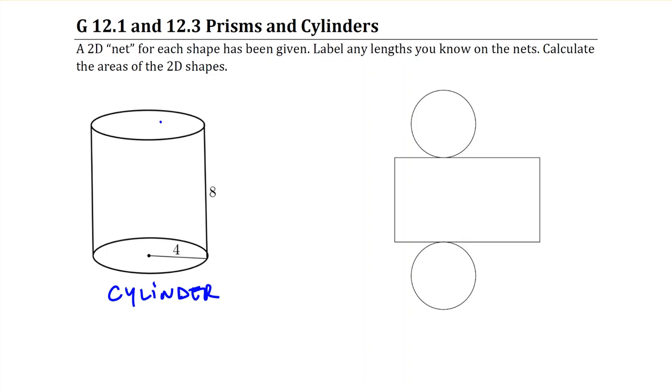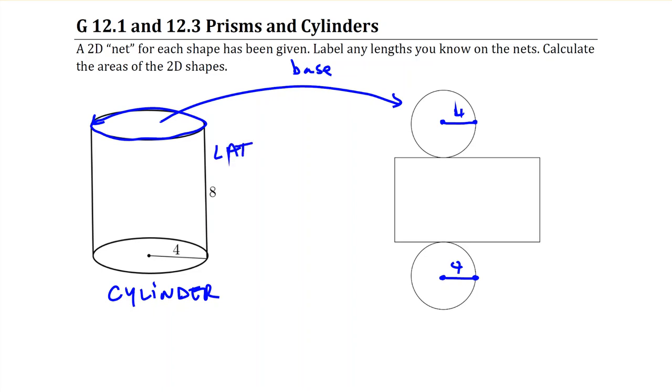And what we'll recognize is that the bases of the cylinder, as we know, are circles. And the radius of this circle is given as 4, and it's going to be the same on the top and the bottom. And this surface that goes around the cylinder, what is referred to as its lateral surface, the surface that connects the two bases, is in fact a rectangle that has been rolled up around the circles.